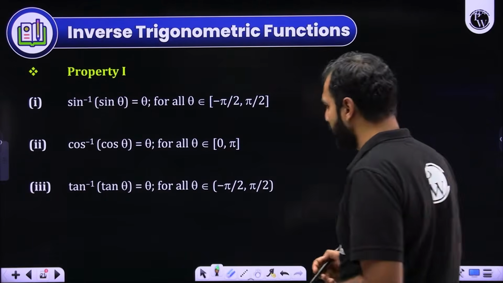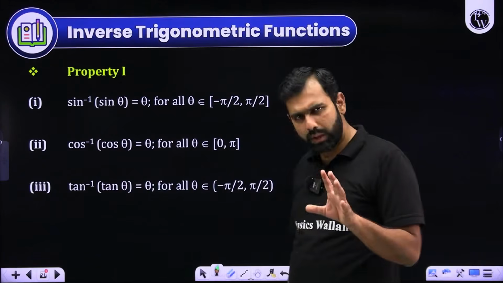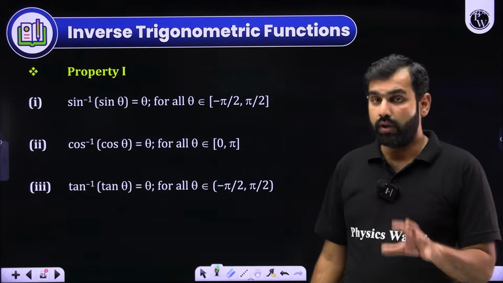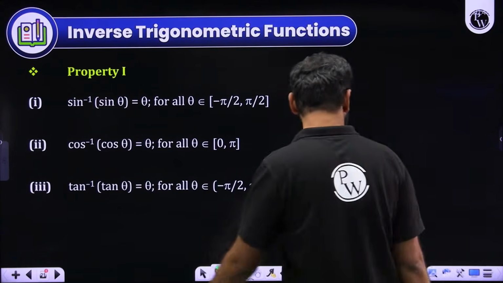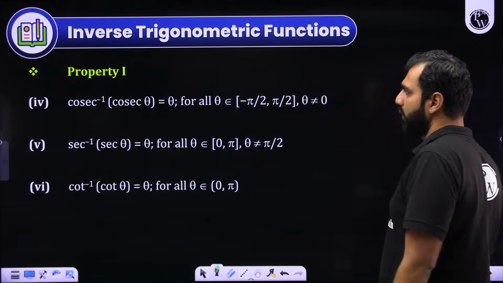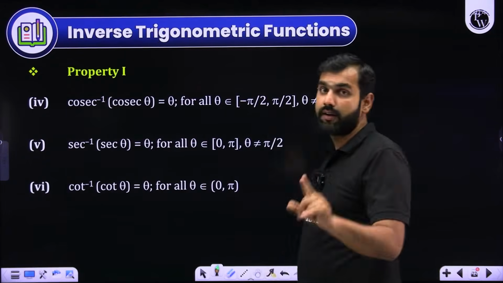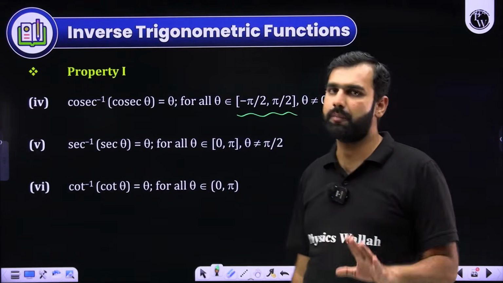Similarly, I hope you must have understood now that tan inverse of tan theta will be theta if theta is between minus pi by 2 to pi by 2. On the basis of this, can you not predict the 3 more conclusions? Cosec inverse of cosec theta will be theta, but theta should be from minus pi by 2 to pi by 2 closed interval, and it should not be 0.